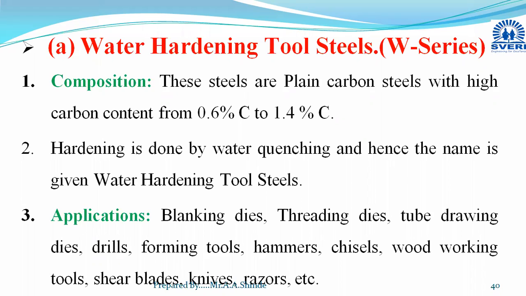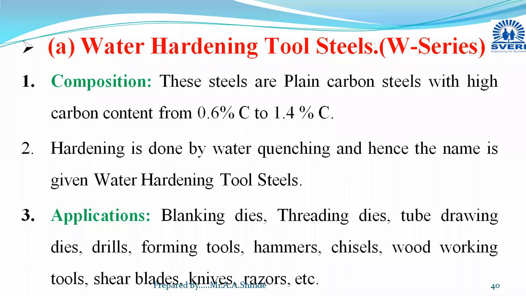Another effect is that these tools become soft in nature and lose their strength and hardness also. So these are the reasons why we cannot use these steels for hot working operations.